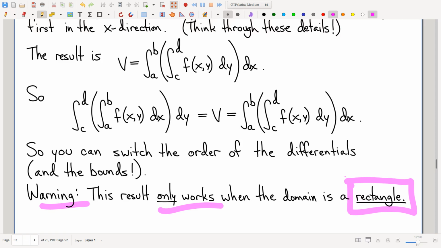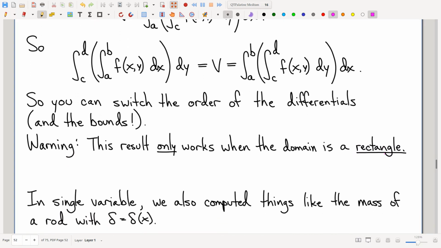But Wednesday, guaranteed. And for non-rectangular domains, this idea of, you could just switch the bounds with the differentials, no, definitely not. 100% not. This does not work for non-rectangular domains. So that's a premature warning, but I didn't feel like I could make this comment without putting this warning in there.